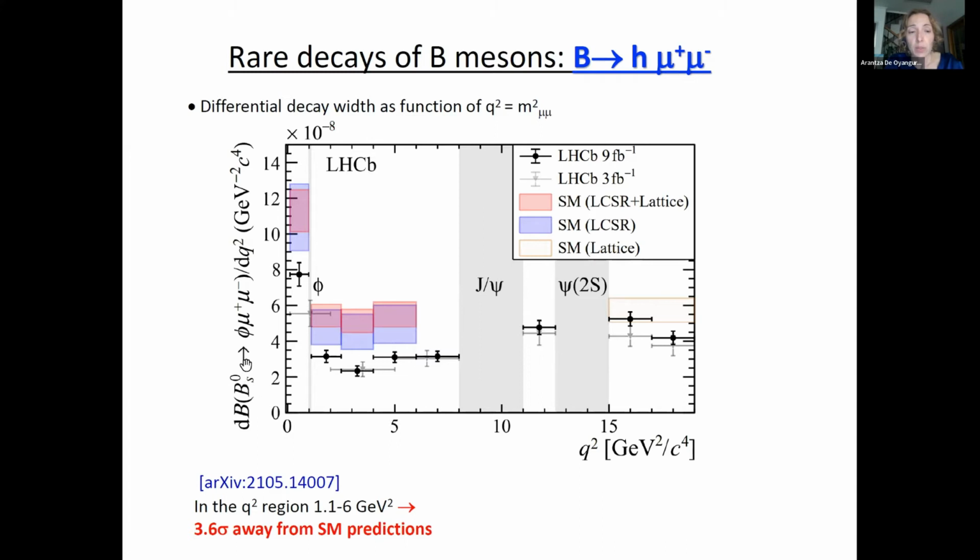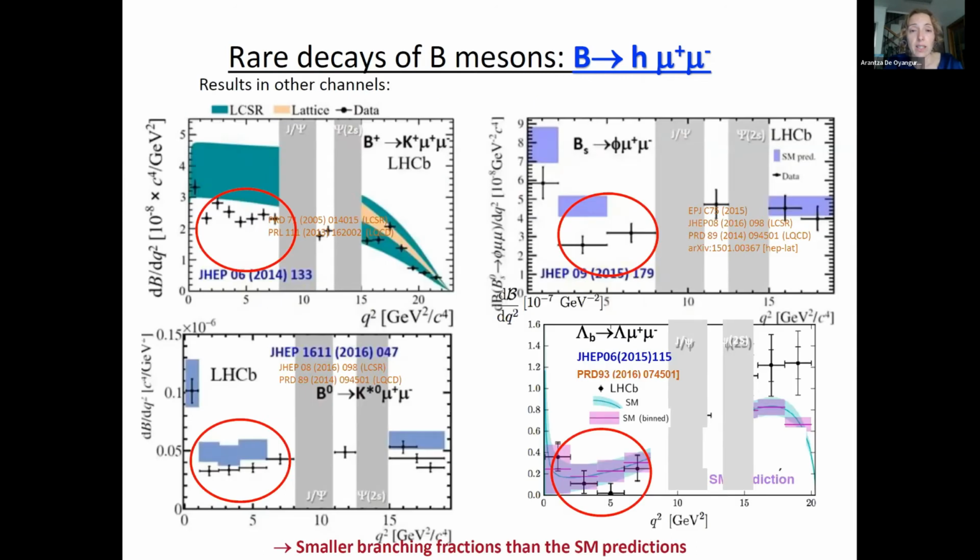This is in the case of the Bs to phi mu mu channel, which is 3 sigma away from the standard model prediction. But this has been tested with many other channels, and we observe quite a significant deviation in each of these modes: B to K mu mu, Bs to phi mu mu, B to K* mu mu, and also Lambda b to Lambda mu mu. Sometimes it is not very significant, but sometimes it is. And in general, we observe smaller branching fractions than the standard model prediction.